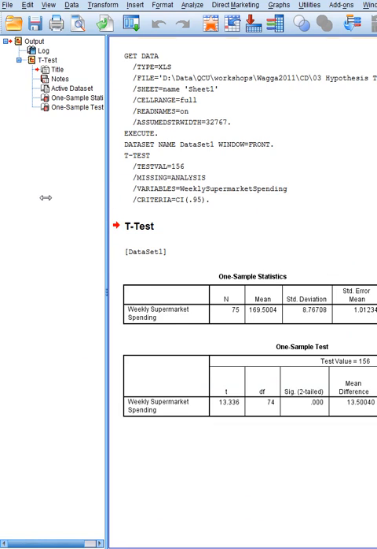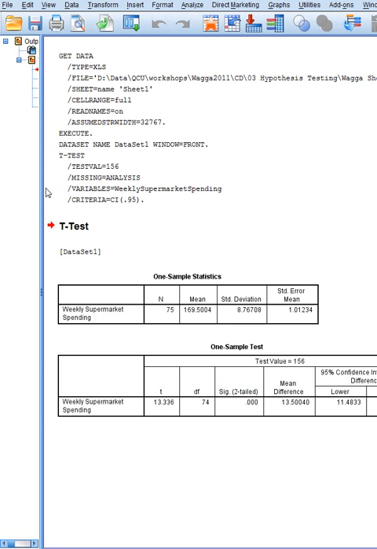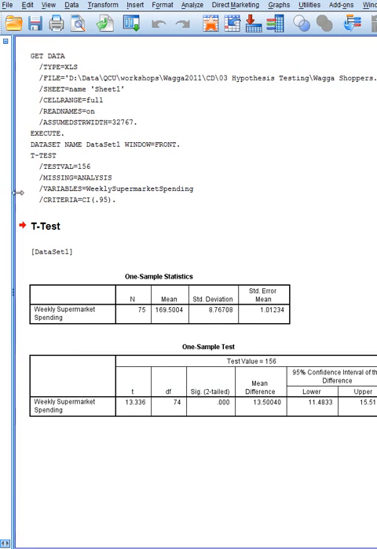I'll just try and move this over a bit. Okay, I've got most of it in the window, I think, and so we get two pieces of information out here.